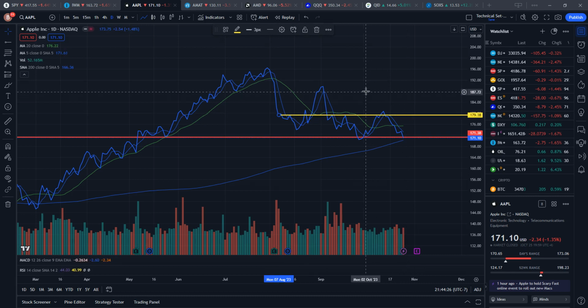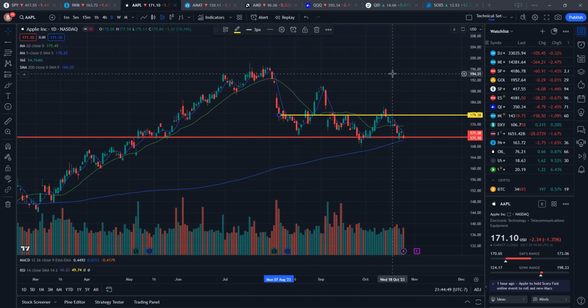Then after that, you really don't have a true set of 2 touch points here. So I'm not sure I would call that a level of resistance. You're probably looking at going all the way back up to the top here around the 193, 194 area, which are basically all-time highs. So this is how you draw support and resistance.